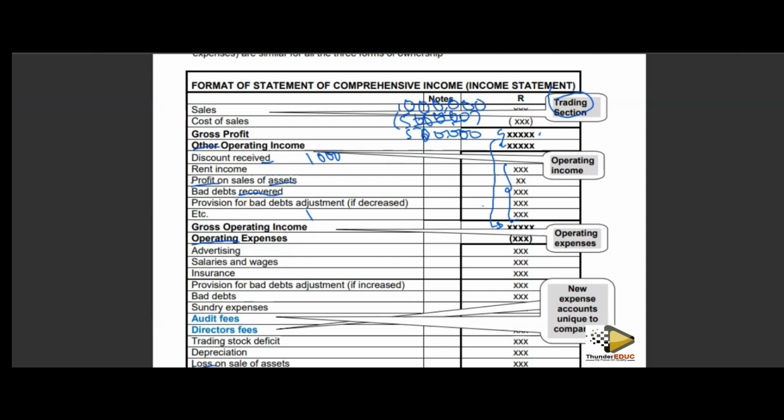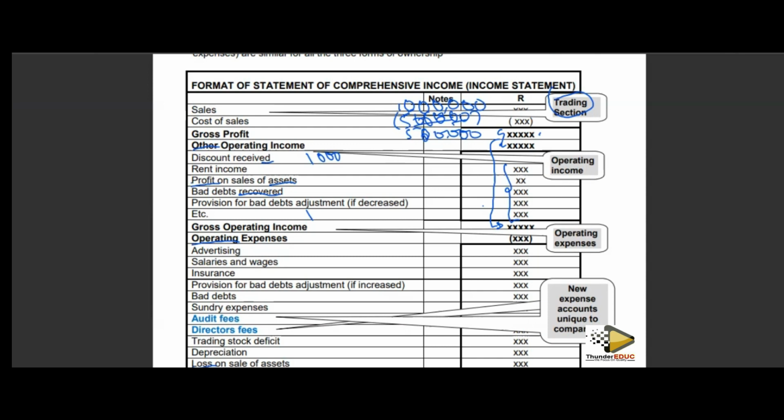Those are what we call the operating expenses. Remember, you cannot run a business without incurring expenses. The meaning of an expense is paying out money in order to run your business.